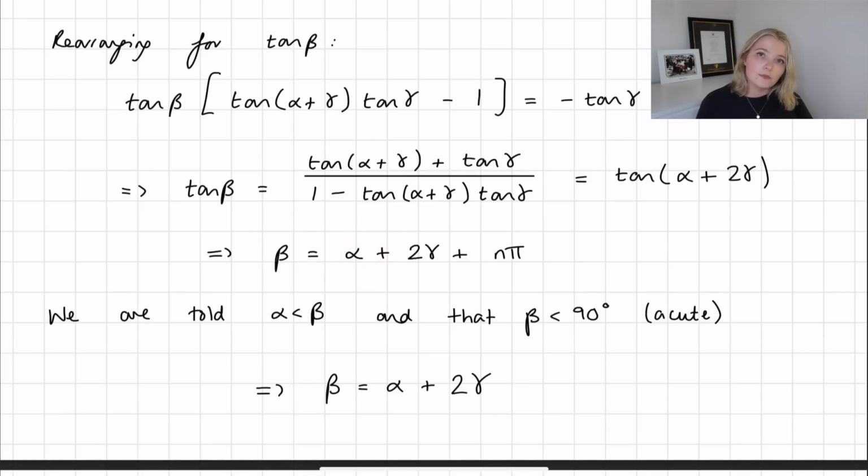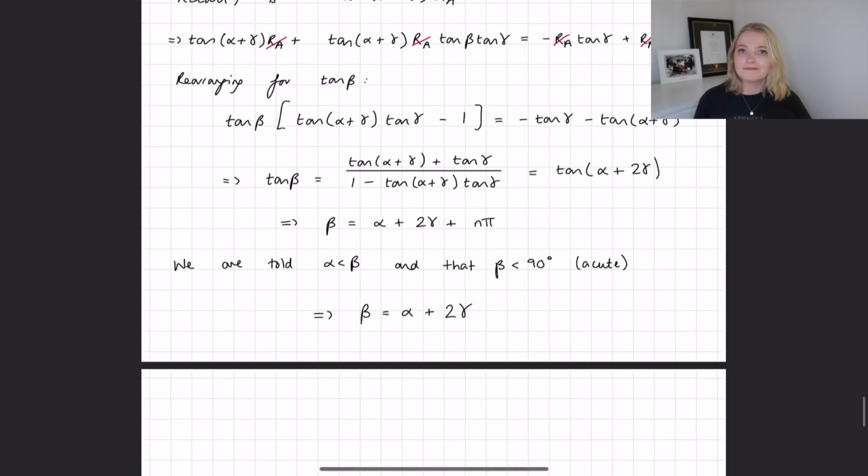But we also know that beta is acute, so it's less than 90 degrees. And so therefore from this, since alpha is less than beta and beta is less than 90 degrees, we essentially take the case for when n equals 0 here, and so beta equals alpha plus 2 gamma. And that is the final answer.